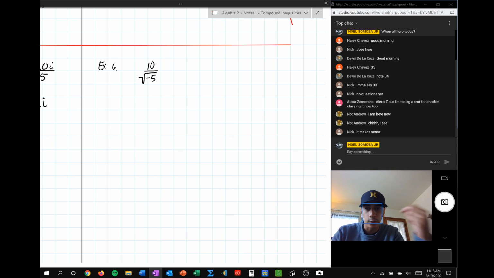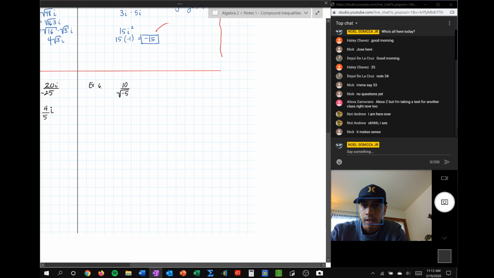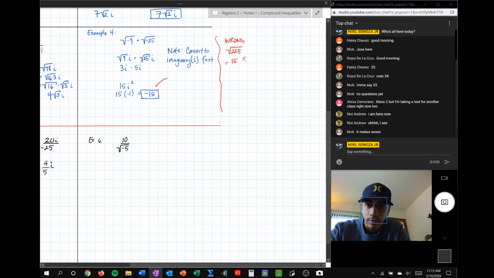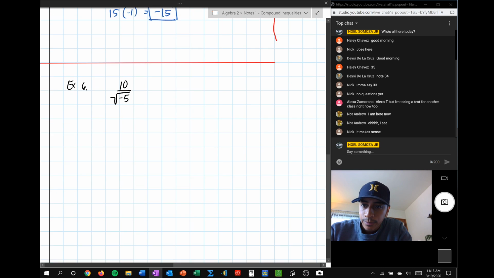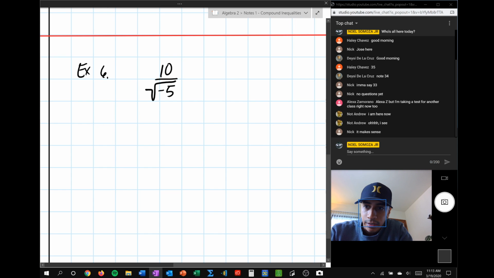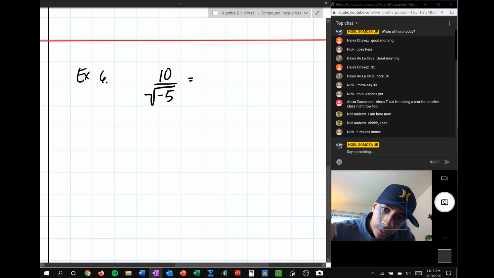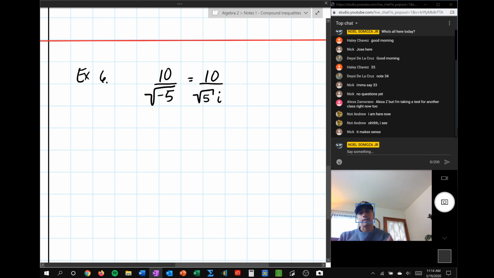Now, this goes back to that very first lesson about what to do when you have a negative inside the square root. You convert back to the imaginary first. You want to get the i out in play, okay? So convert here into 10 over, now this is still going to leave you with a square root of 5. The only difference is that now the i is on the outside.